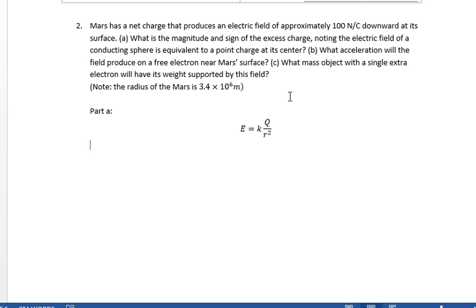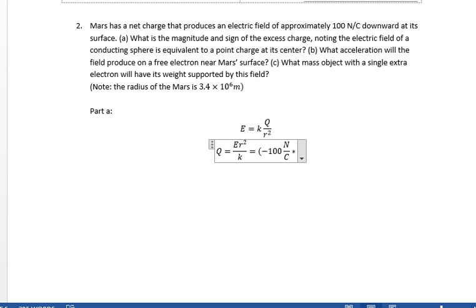Well, we're going to be interested in Q, right? So Q is just E R squared over K. Now, the electric field is pointing downward, so I'm going to write it as minus 100 newtons per coulomb because it's pointing downwards.